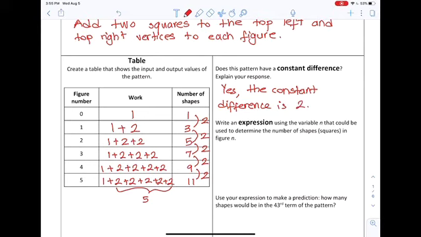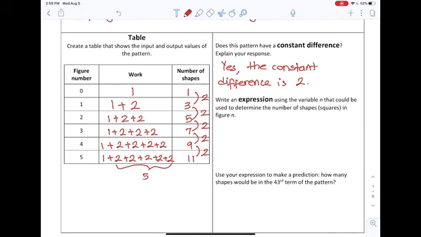Write an expression using the variable n that could be used to determine the number of shapes or squares in figure n. If we go back to the table, we are looking for figure n here, and we are going to write a rule in expression form to calculate the number of shapes.